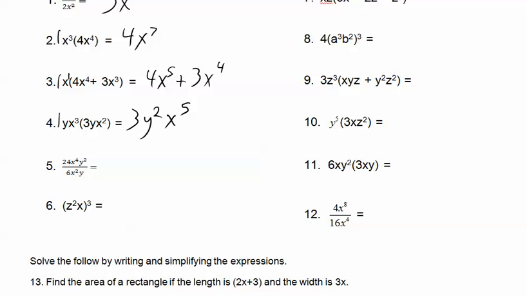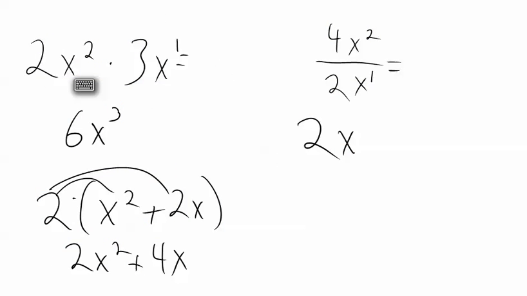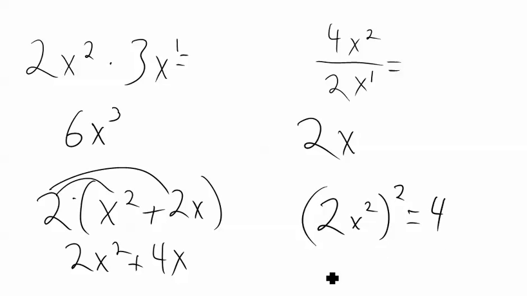We also have on this worksheet raising to a power. Remember this rule goes, if I have 2x squared, squared, I multiply the exponent. So I'm going to go 2 squared is 2 times 2 is 4.